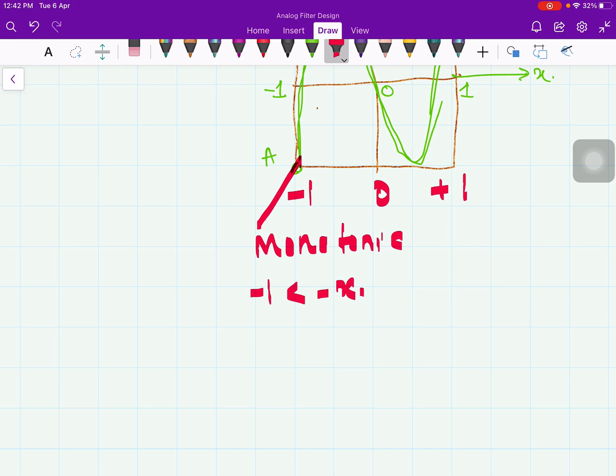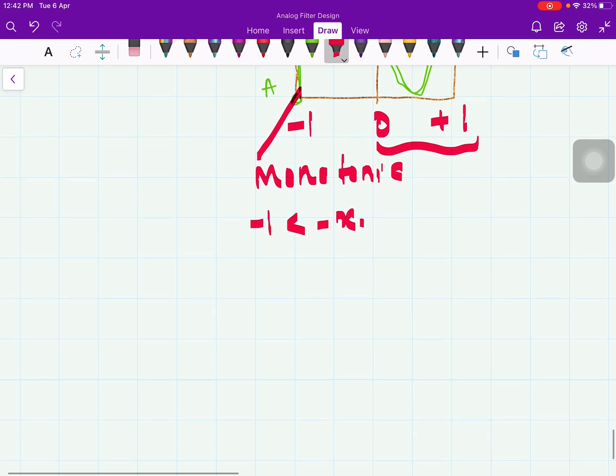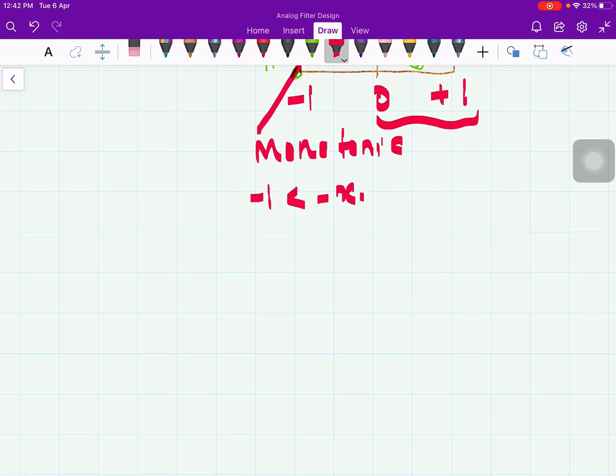We only consider positive frequencies, and the positive frequencies are 0 and above. Okay, and 0 for x will correspond to capital omega equal to 0, right? When I say x between 0 to 1, that means omega by omega p corresponds to 0 to 1.